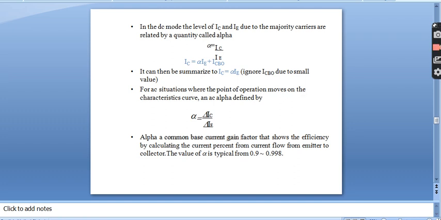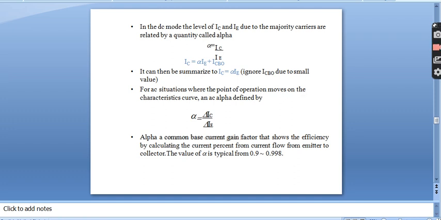The value of alpha is typically from 0.9 to 0.998. Alpha is called the current gain factor. Current gain means output by input, that is, output current by input current.